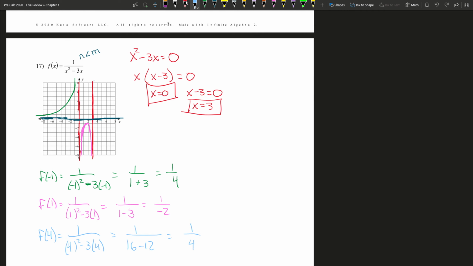That's +4, so we're going to be above the blue line. And that's the completed graph all the way through. Again, there are 2 asymptotes in this one, just a little bit different.